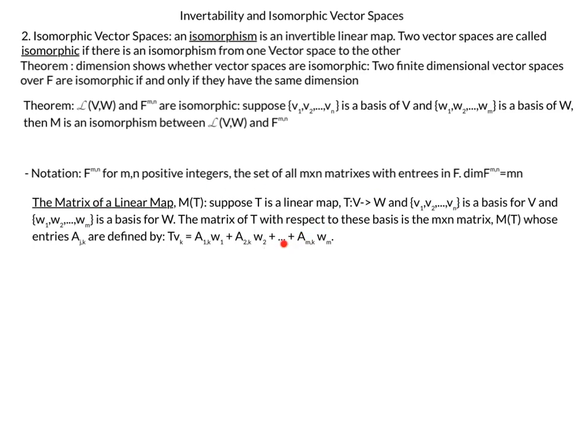So we've seen this definition before when we talked about matrices, but I wanted to remind you what this looks like, and I will show you an example of this in this video.